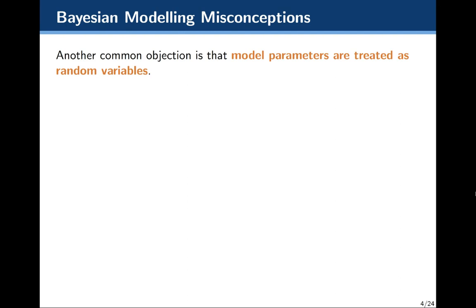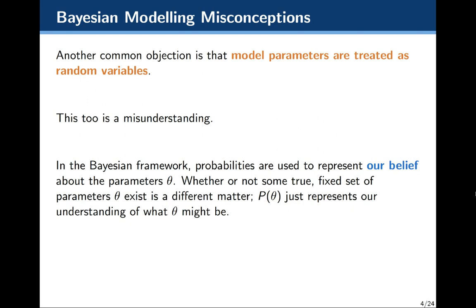Another common objection is that it doesn't really make sense to treat model parameters as random variables. There's this belief that there may be one set of true model parameters that we're trying to estimate, so there's nothing random about them in the real world. They actually exist and have some values. But this is also a misunderstanding.